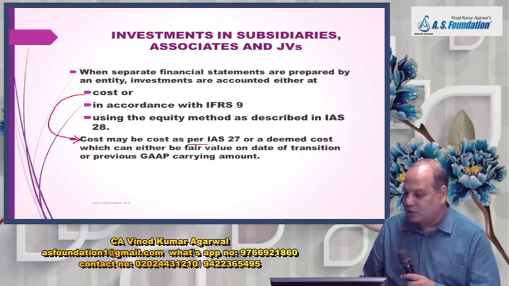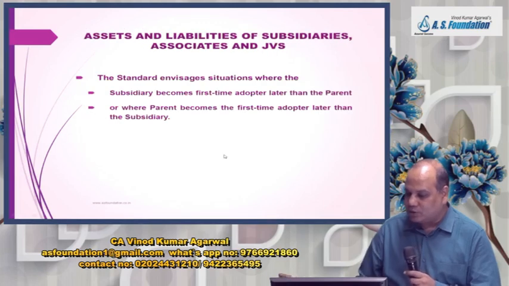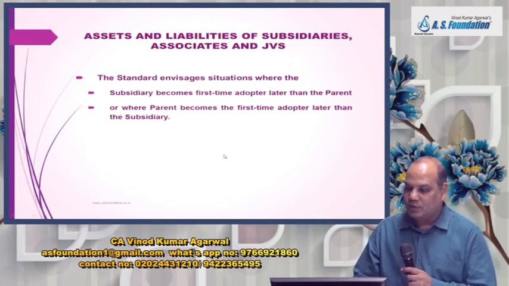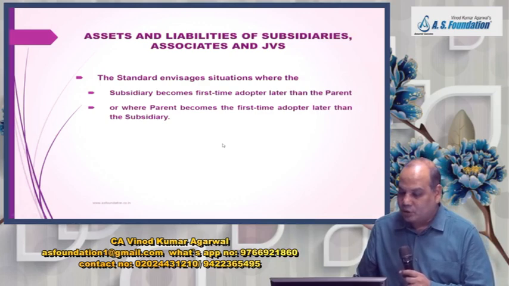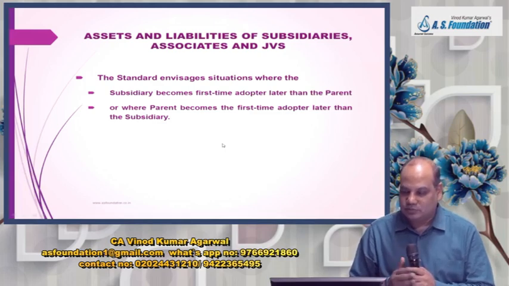Cost as per IAS 27, or deemed cost, which may be fair value or which may be previous GAAP carrying amount also. So previous GAAP carrying amount can be treated as cost for the purpose of IAS 27, or fair value on the date of transition can be treated as cost.